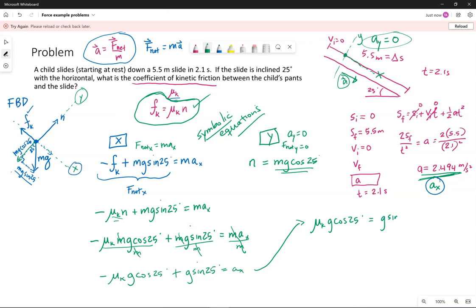That leaves me with g sine 25, and then bringing the acceleration over. Then I can divide by g cosine 25 to solve for mu. So g we know is 9.8. We've already accounted for the direction of the force of gravity, so g is always just positive 9.8. It's the absolute value or magnitude.